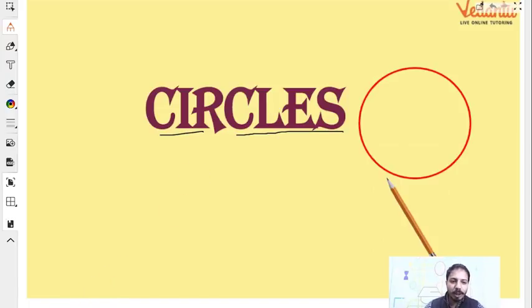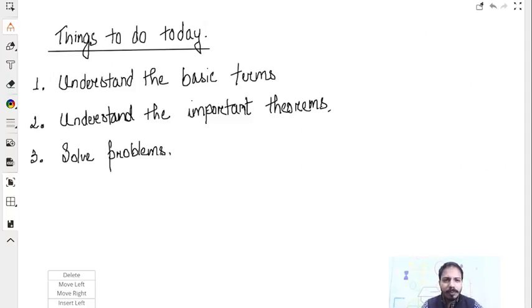So with this, let's see what we need to do today. So this is basically for class 9 CBSE, okay? What we are doing is, first of all, we will understand what are the basic terms in circles, and then what are the important theorems that you need to understand. In class 9, the theorems will be basically related to chords.